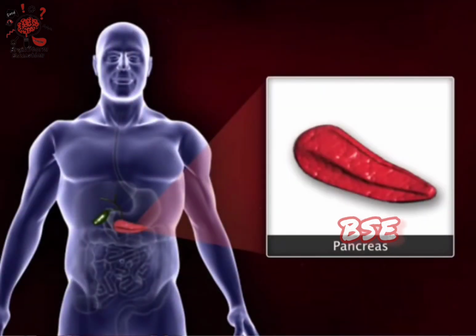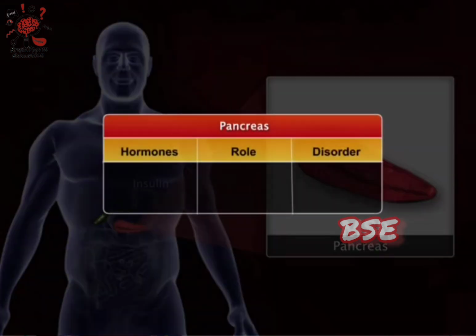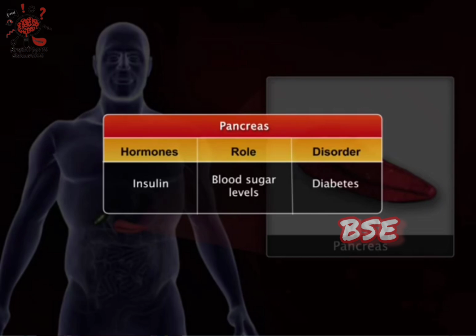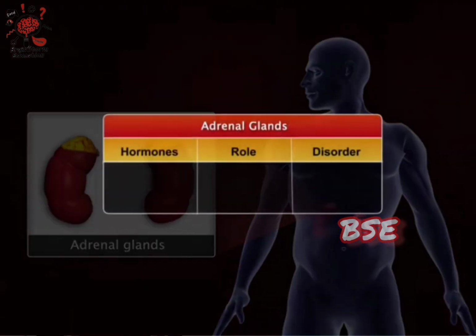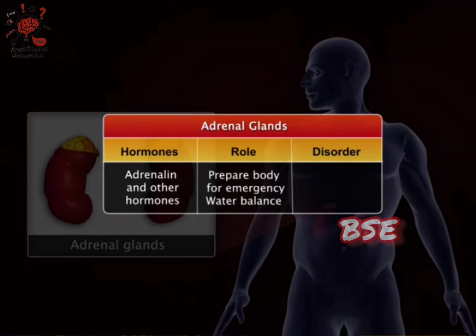Insulin secreted by the pancreas helps in regulating blood sugar levels. Two adrenal glands present, one on each kidney, secrete hormones such as adrenaline that play important role during stress conditions. Other hormones control water and salt balance in the body.